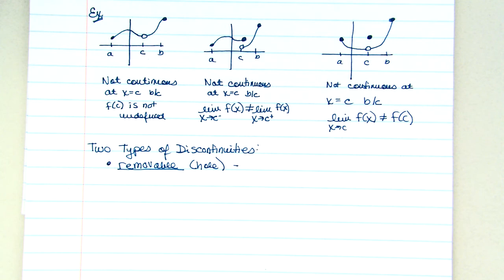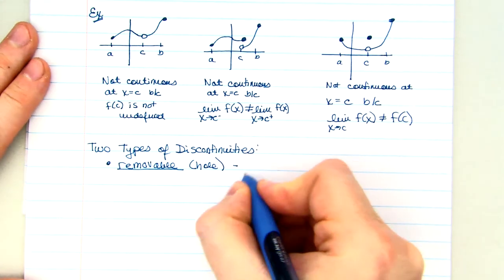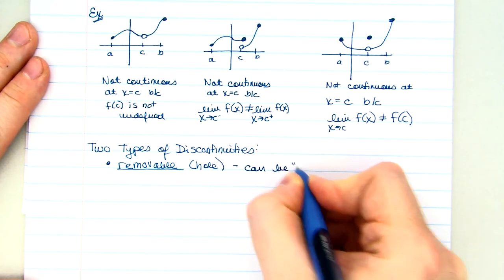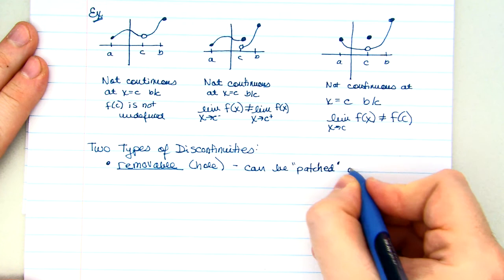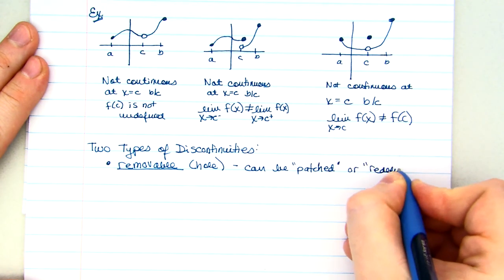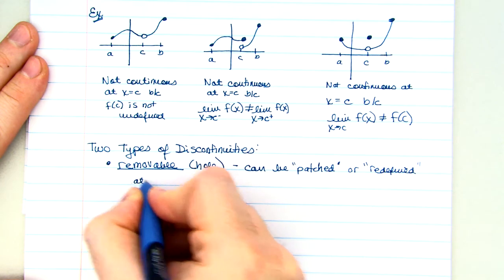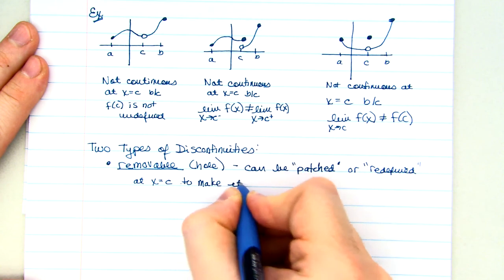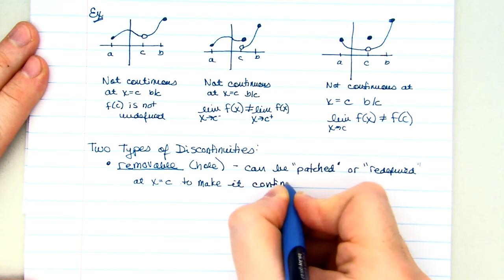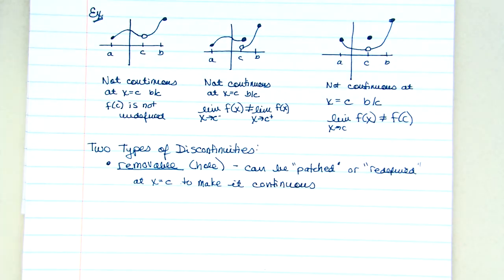And the idea is, if we have a removable discontinuity, we can patch that discontinuity, kind of fill it in, or redefine our function right there at x equals c to make our function continuous. We can change just one value on our graph, and suddenly our graph will become continuous.